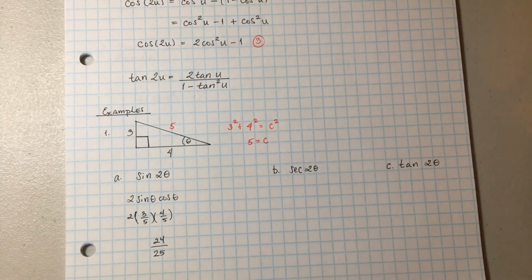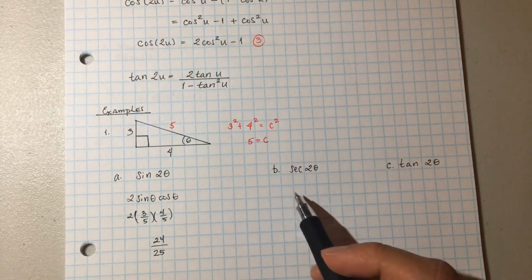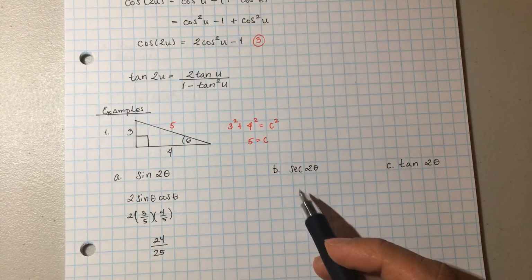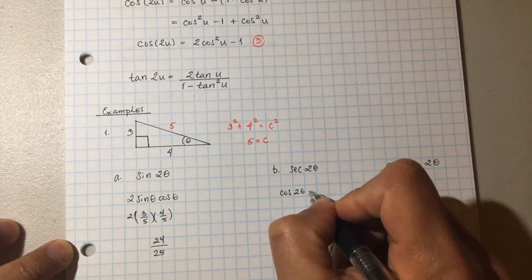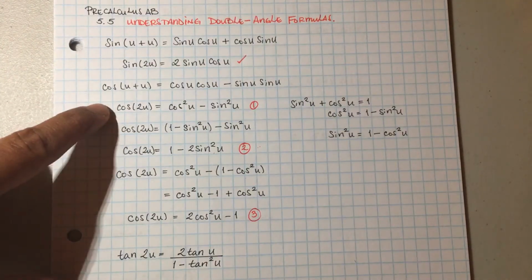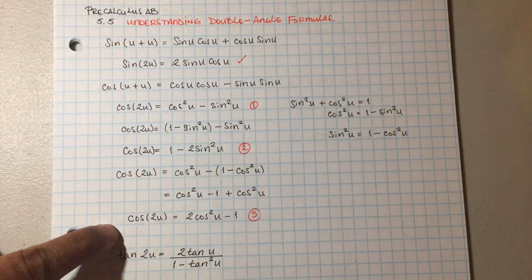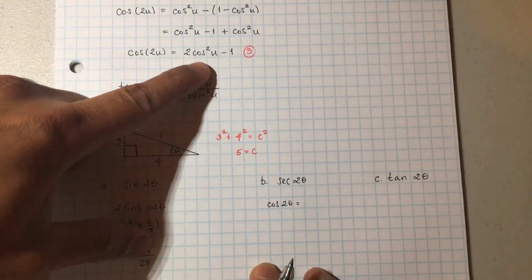What about secant of 2 theta? Well, I don't have secant, but I do know that it's a reciprocal trig ratio of cosine. So I'm first going to figure out cosine of 2 theta. Which one do I use? Well, you can use any of the 3. For us, we'll just use this one, 2 cosine squared.